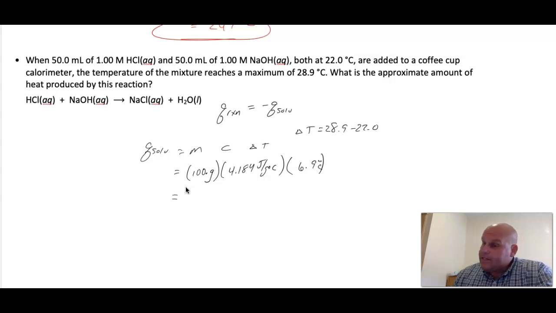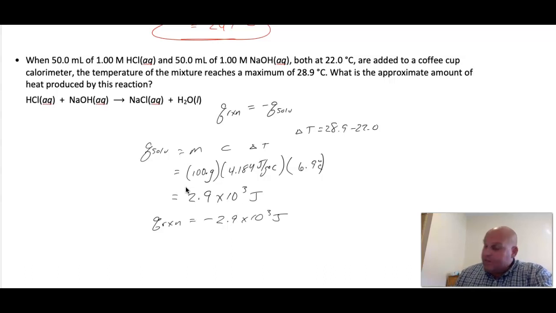Okay, I can solve this, and I get 2.9 times 10 to the third joules for the solution. Again, back to our concept of the law of conservation of energy: heat is neither created nor destroyed. So that means if my solution gained that amount of heat, then my reaction lost 2.9 times 10 to the third joules.